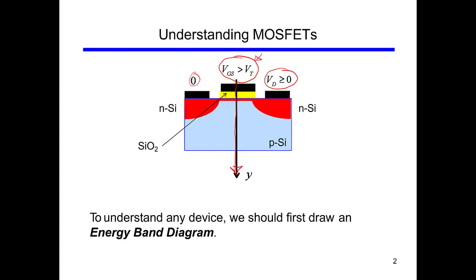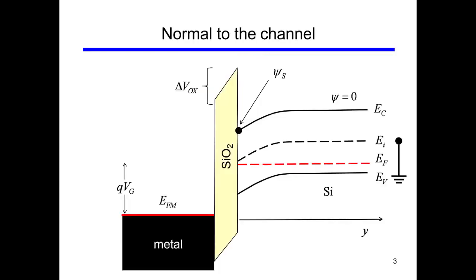If you remember, in one of the previous examples, there was a similar thing that we discussed. Here was our gate, then we have the silicon dioxide layer, and then there was this p-type material. So this was one of the examples that we discussed in the earlier part of this week's lecture.